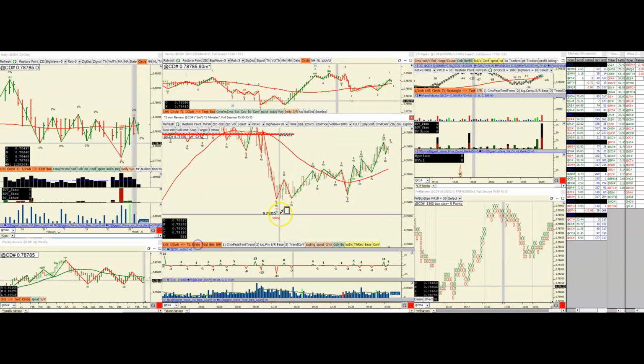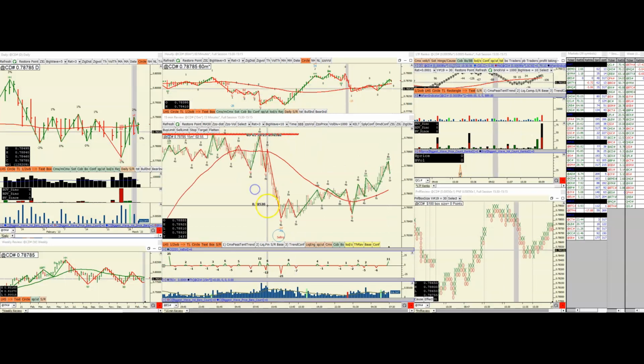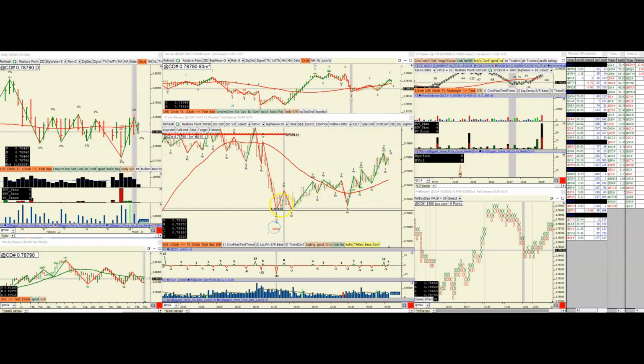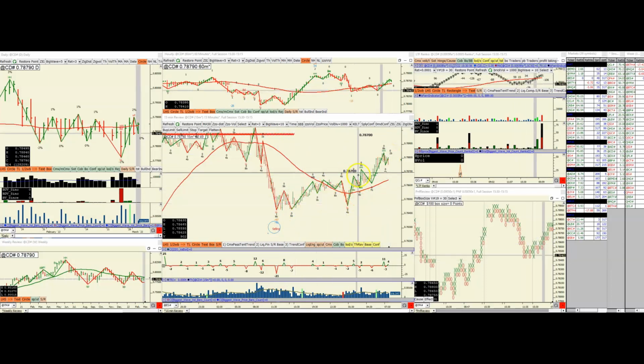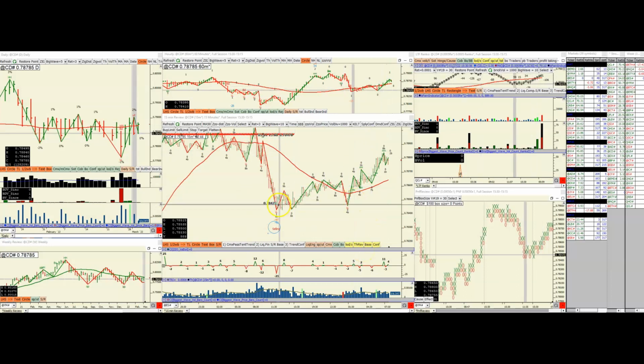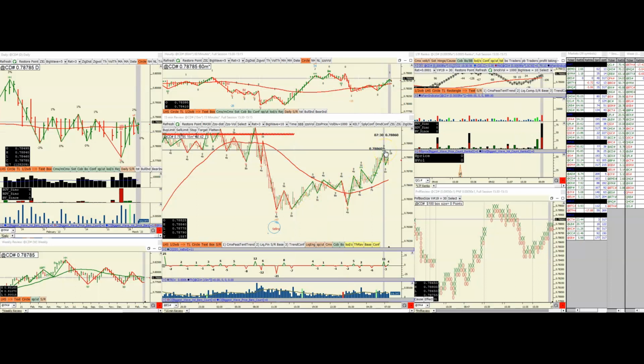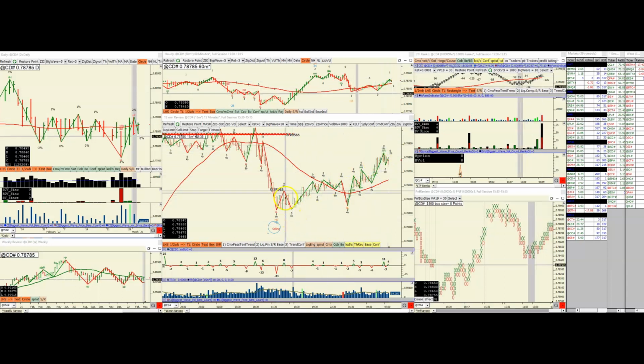Obviously, after this selling, I'm looking for a pullback, but do you see a pullback with 1, 2, 3, 4, 5, 6, 7 waves? No, this is not a pullback. This is some type of possibly a counter trend or something else. I don't want to mess with this.